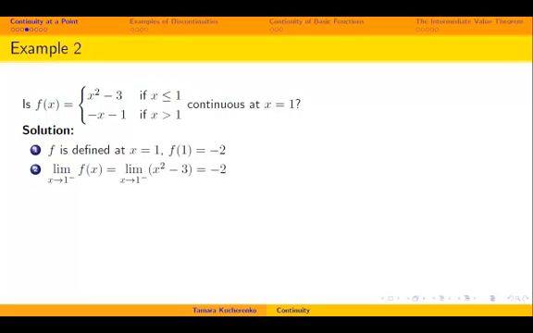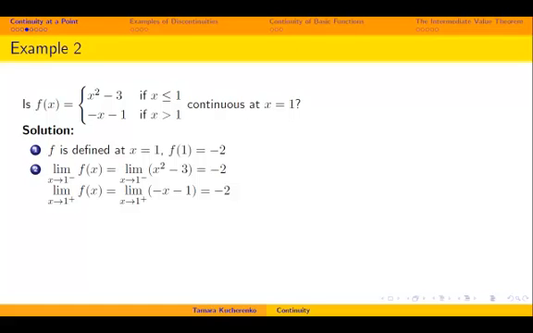The limit of f as x approaches 1 from the left is the limit at 1 of x squared minus 3, which is negative 2. The limit of f as x approaches 1 from the right is the limit at 1 of negative x minus 1, which is also negative 2.